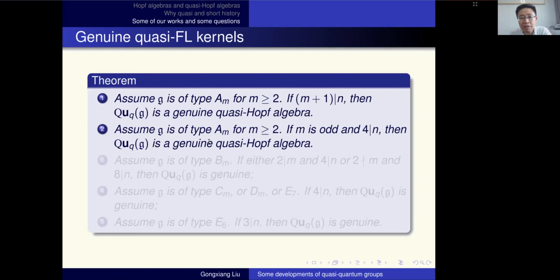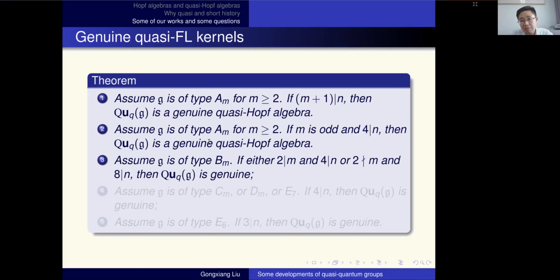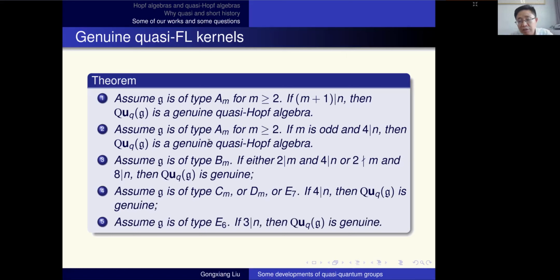And also for type A, if m is odd and 4 divides n, then this one is also genuine. For type B, we also find some sufficient condition to make it genuine. And C, D, and E7 also have sufficient conditions. For E6, we also have a sufficient condition.